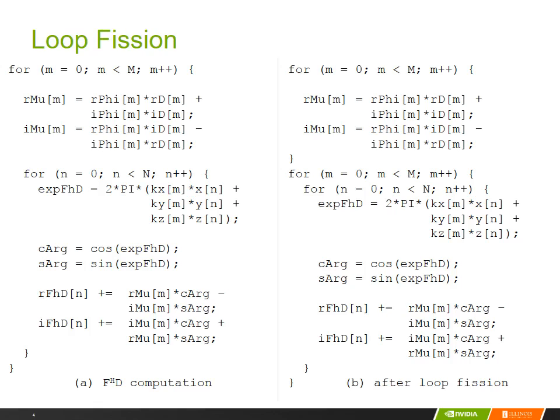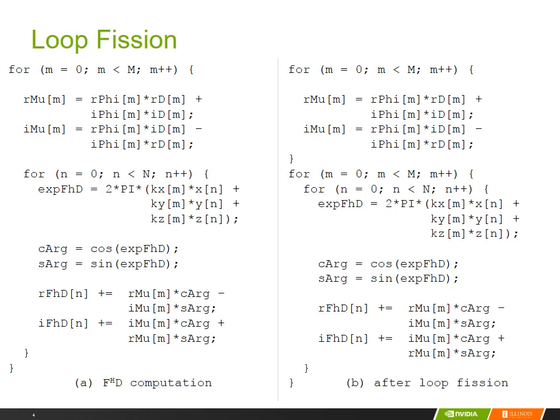After the transformation, all the RMU and IMU writes will be performed first, and then all the inner loop iterations will be performed in the second loop.